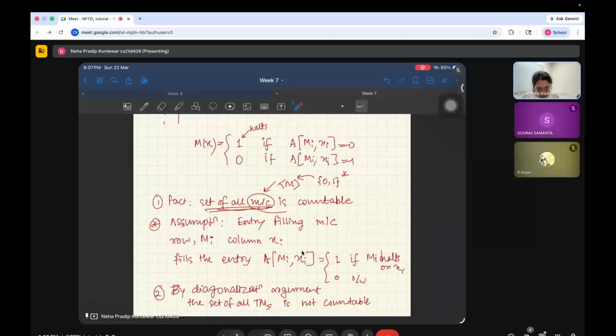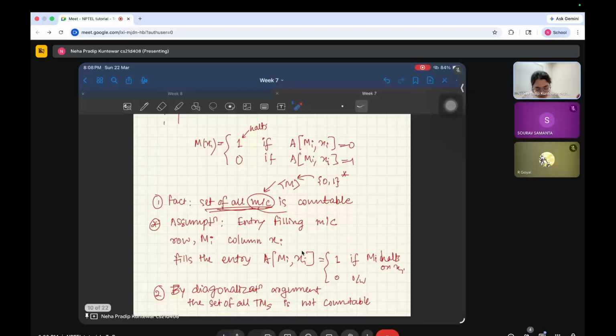So, step 1 is something which is correct, which is a fact. There is nothing wrong in that step. Then this step is also something that we know is correct, if the earlier statements were correct: you apply the diagonalization argument and you come up with a machine which was not listed. So where did the problem actually occur?